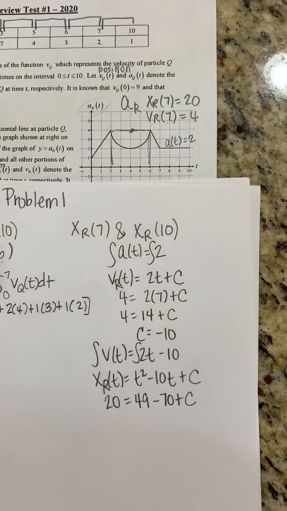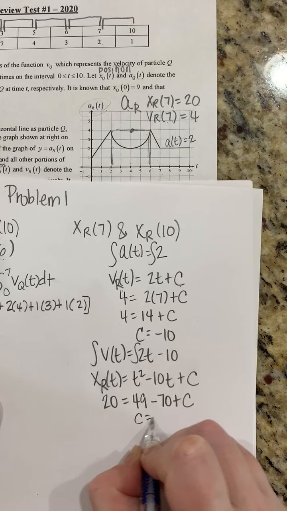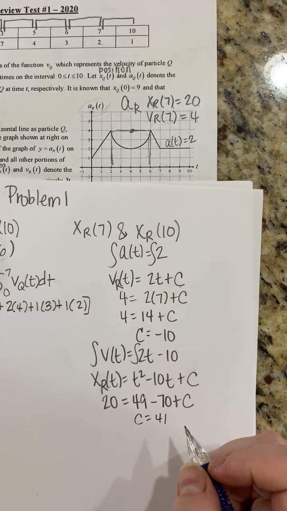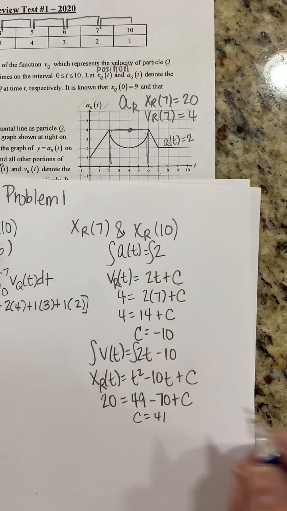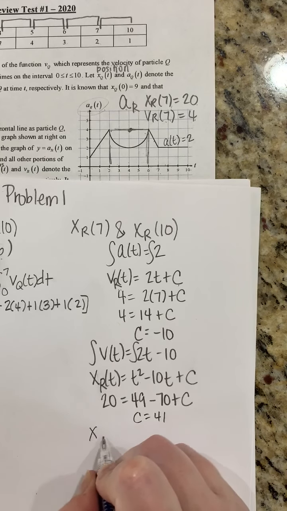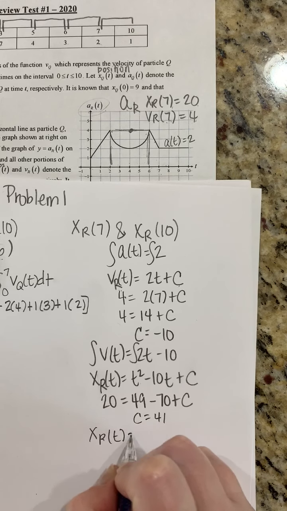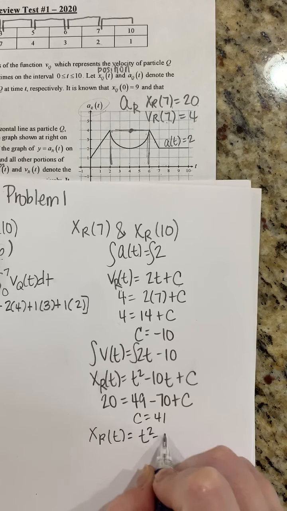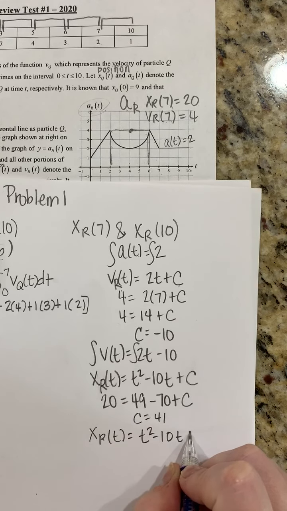I've got a calculator, right? So my c is 41. So this means that my XR of t is t squared minus 10t plus 41.